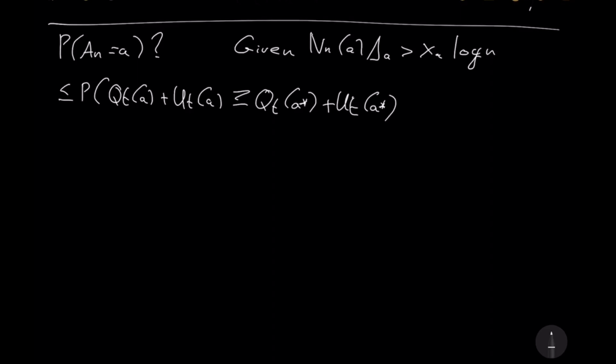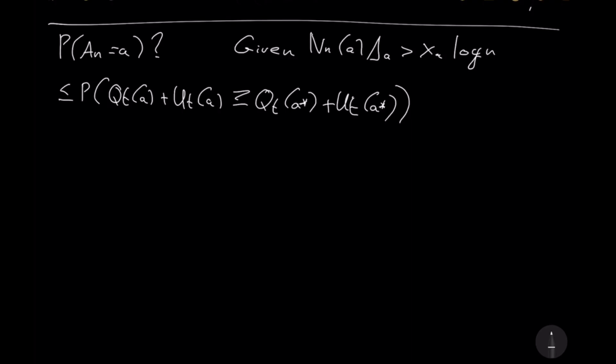I put greater or equal here. I could have also put greater, because then we are strictly certain we're picking action A. But let's just assume that ties don't really matter that much, that these values are never exactly the same. So it doesn't really matter whether I put greater than or greater or equal. This is not intended to be a very rigorous proof, it's more of a proof sketch or derivation of how you could come up with the algorithm.